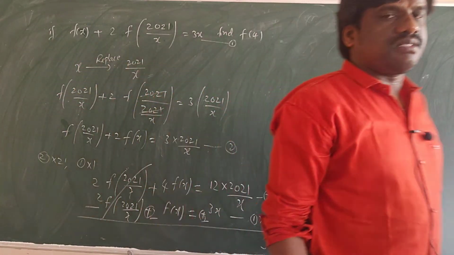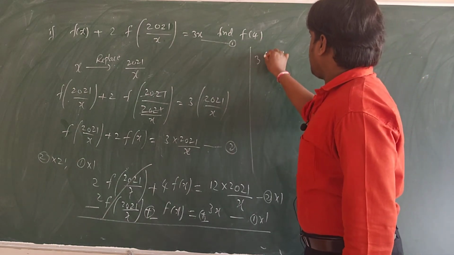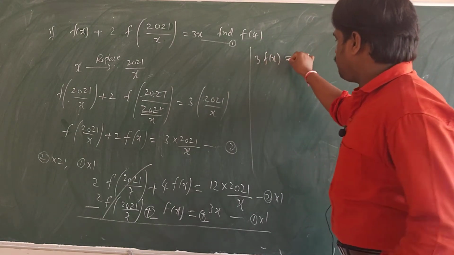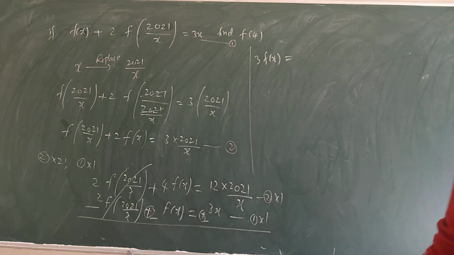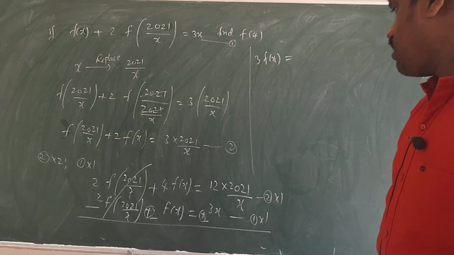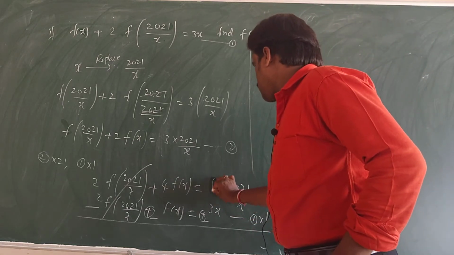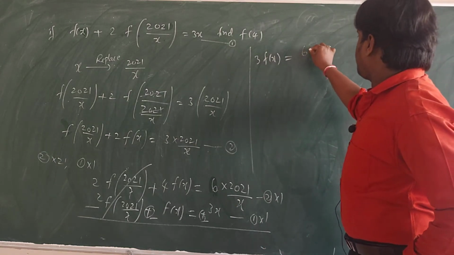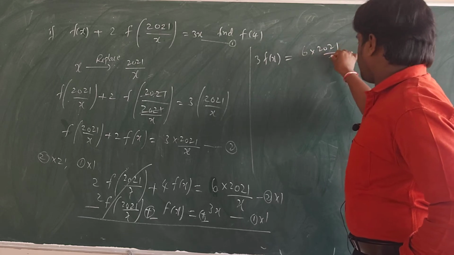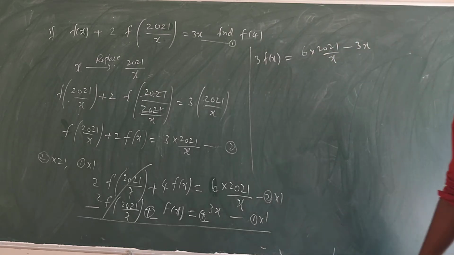So 4 f of x minus f of x is 3 f of x. 3 f of x is equal to 6 times 2021 by x minus 3x, correct?